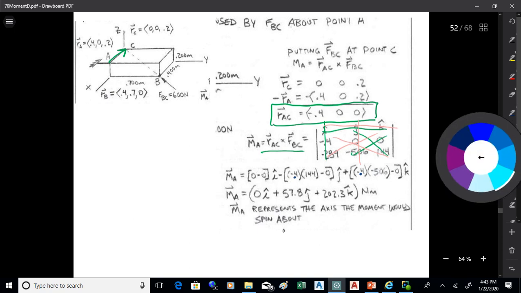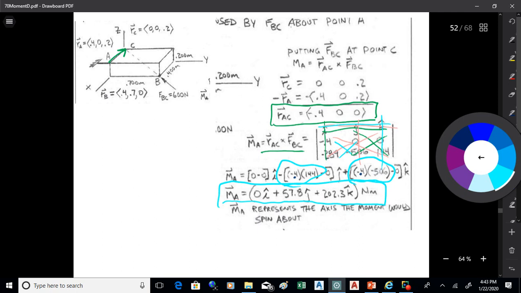I'm going to take out the top row and the last column and cross what's left. Negative 0.4 times negative 506, then minus 0. I have a positive sign in front of the I component, a negative in front of the J, and a positive in front of the K. And I combine those numbers and I get the same moment vector as I got before when I did it visually. And if you notice, I combine the numbers in the exact same way.